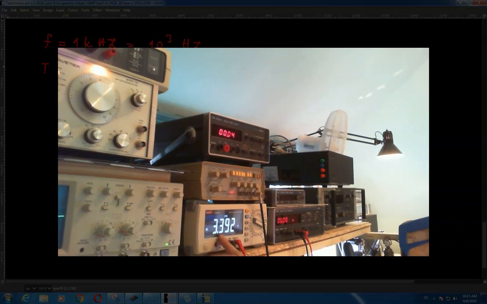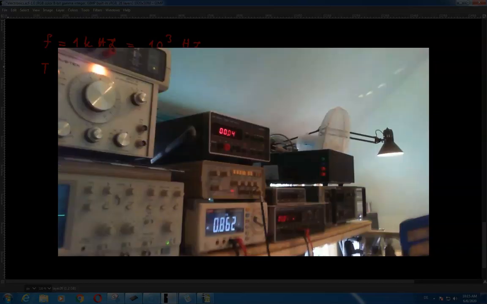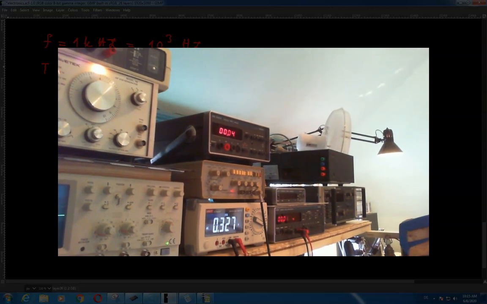And you can see that now it can read 3.392 volts, right?